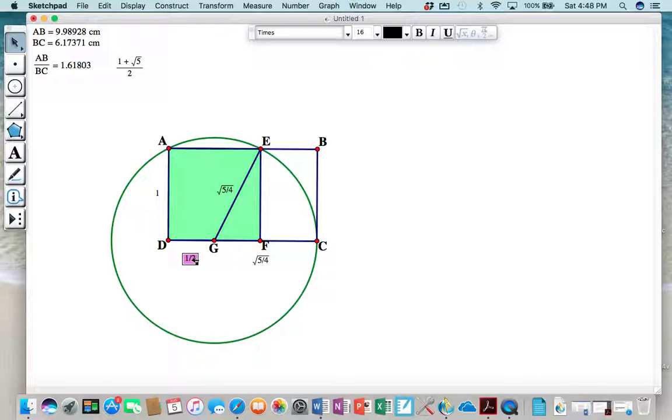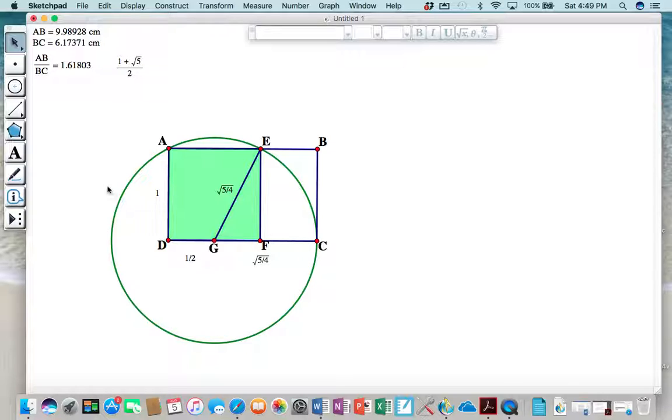However, DG is still a half of a unit, half of this 1 unit that's here and here. So the line DC and also AB is a combination of 1/2 a unit plus the square root of 5/4 of a unit. How does that equal this?